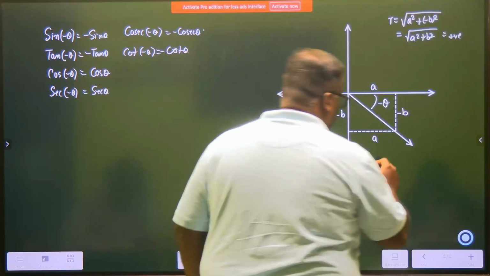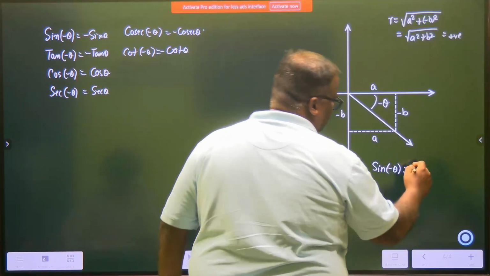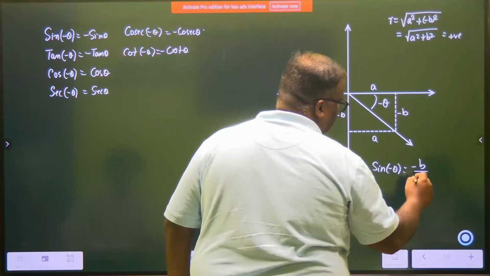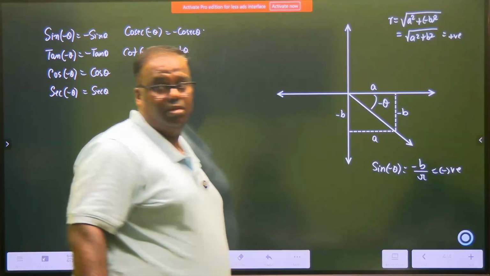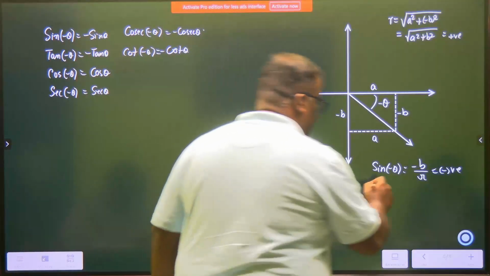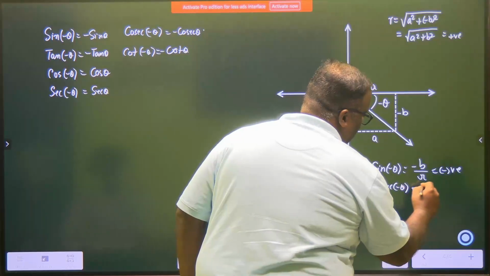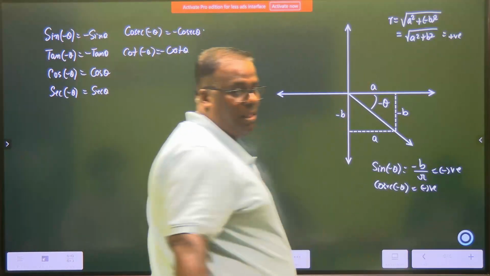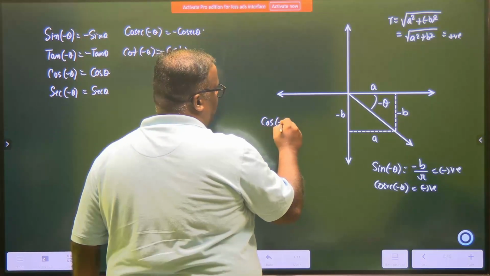Now you yourself take sine of minus theta: opposite side negative b by hypotenuse r, so it will always be negative. Understood? If sine is negative, then cosec of negative theta will also be negative. Let's look at cos of negative theta.